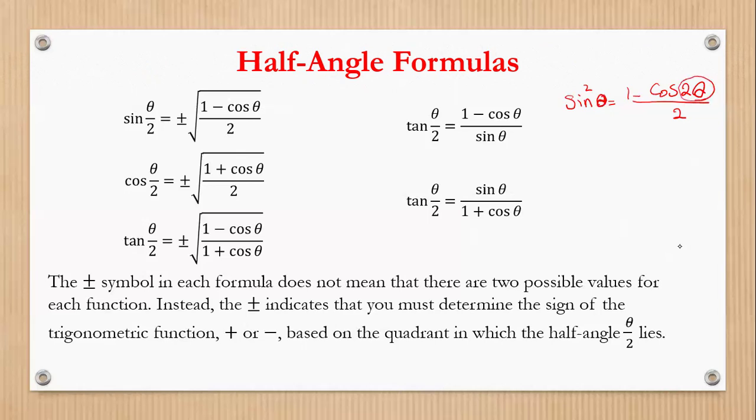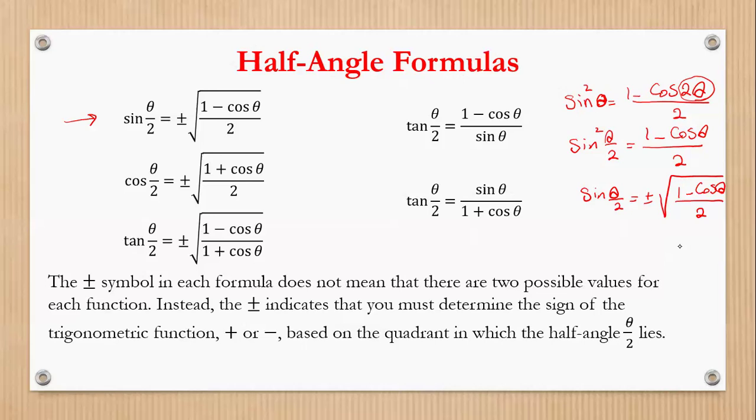If I halve this angle and, instead of theta, put theta over 2, the other angle must be in half, and the half of 2 theta is just theta. And if I want to find the sine, I can take the square root from both sides. That's why we have these formulas. This is how you can find the formula. Each of these formulas comes from the previous one, just written in different forms.